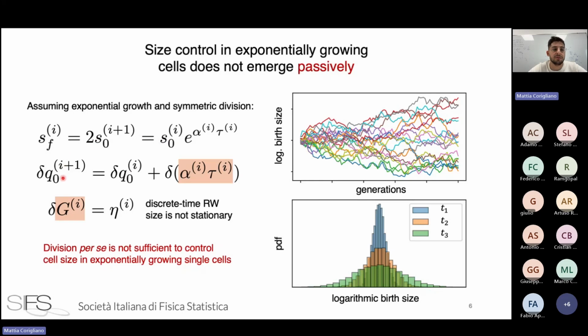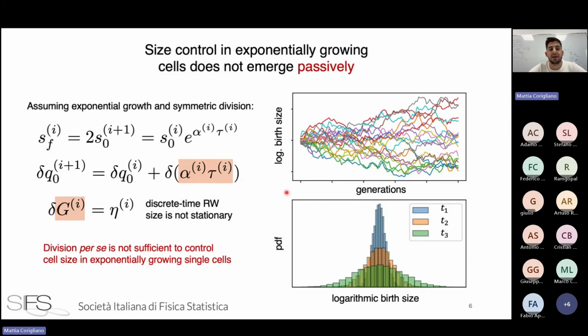And we can take the logarithm to write basically an autoregressive process for the logarithmic birth size, relating the fluctuation in the logarithmic size at the next cycle to the fluctuation in the logarithmic size at the current cycle plus a fluctuation in the added logarithmic size, which can result from fluctuation in either the growth rate or the doubling time. And so we can see that if this term is just a random noise, this process is just describing a random walk, which we know is not stable at all.